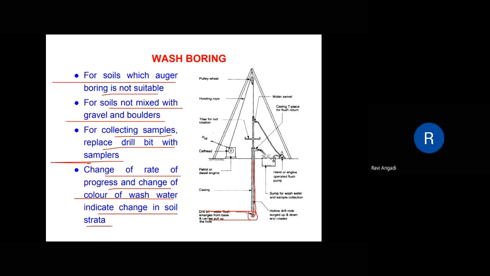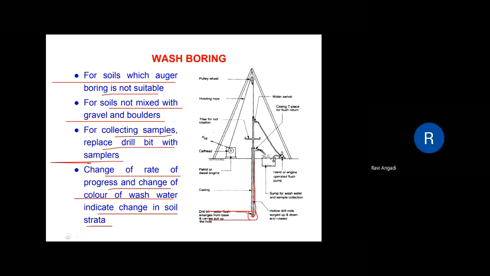So as I mentioned, the wash boring is commonly used for boring in difficult soil. To start with, a hole is advanced to a short depth by augering, and then a casing pipe is pushed inside just to prevent the sides from caving in, and the hole is then continued here.